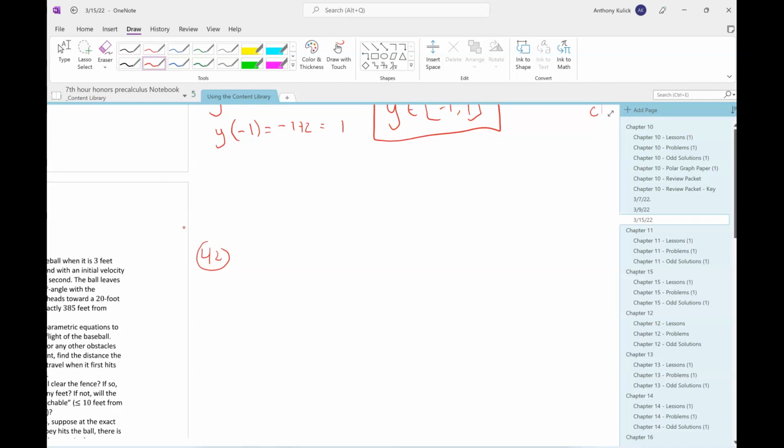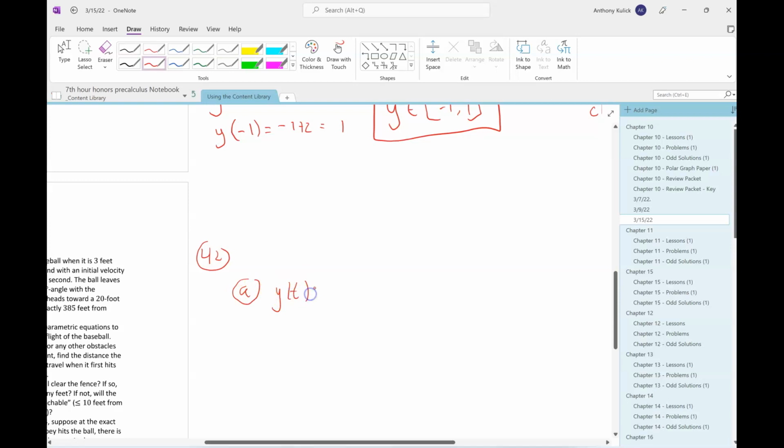From an initial height of 5 feet with an initial velocity of 80 feet per second, write an equation to model the height y of the ball as a function of time. How high is the ball after 3 seconds, and then what is the maximum height? Okay.